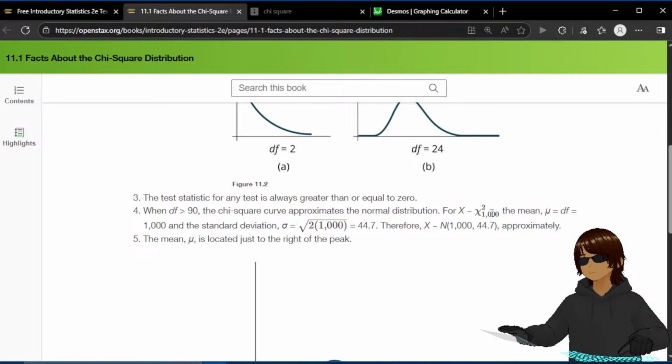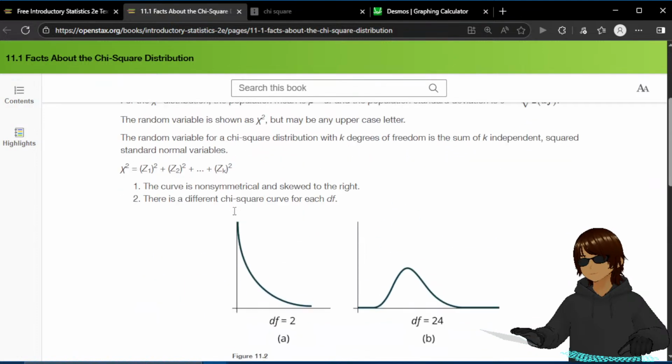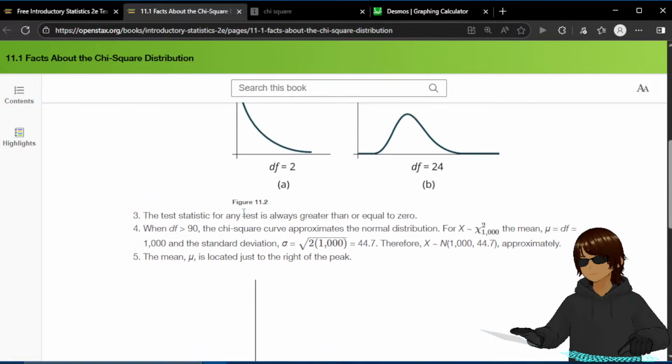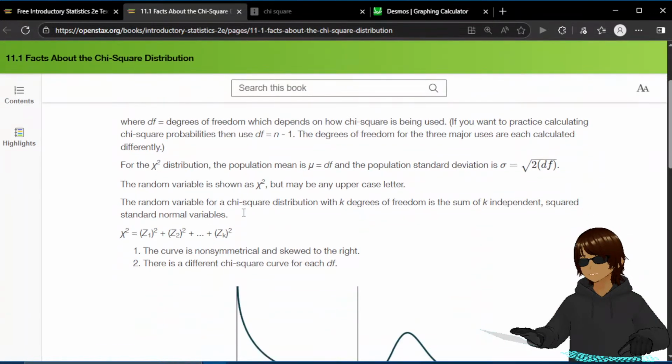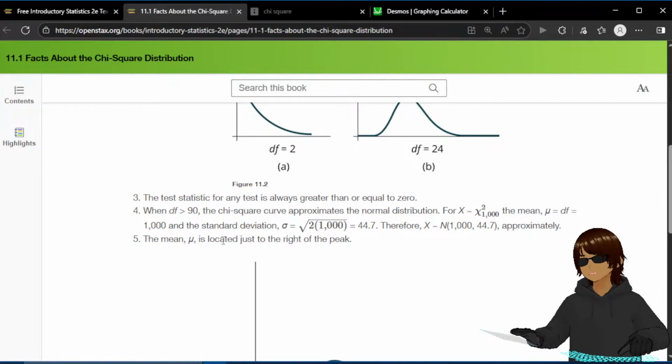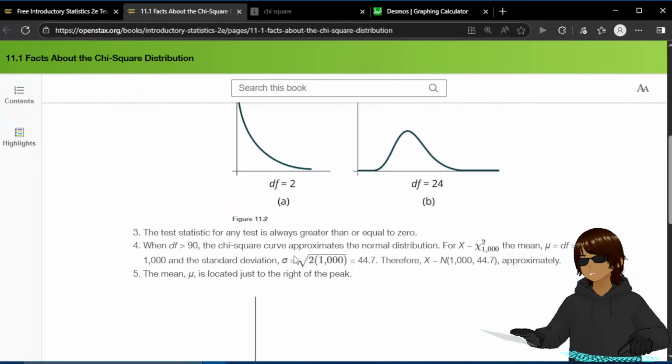For χ² with df 1000, the mean μ = df = 1000, and the standard deviation is 44.7. Therefore, χ² is approximately 1044.7. The mean μ is located to the right of the peak.